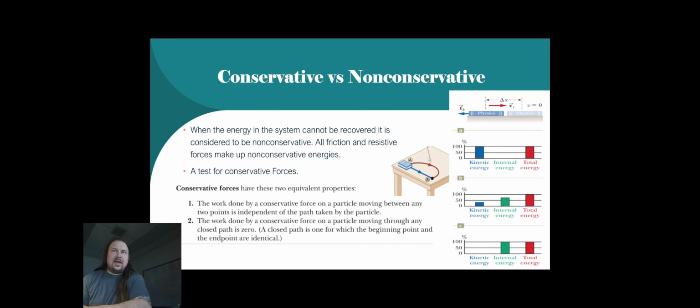The red path would cause more distance, you'd have more friction involved, and it would take more energy to move it along the red path than the blue path. So if there's a difference between two points, dependent on the path, that is a non-conservative force. If it is independent of the path taken, it doesn't matter which path you take, it's considered a conservative force.